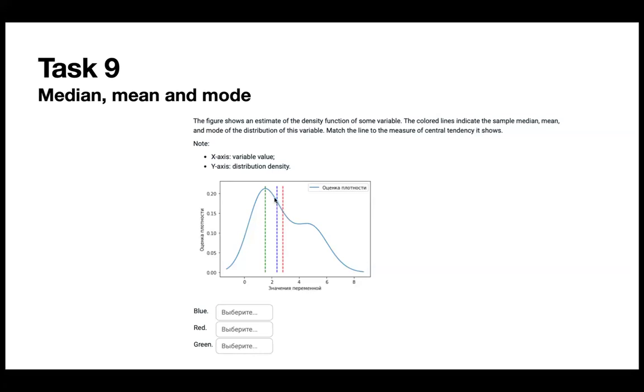So the blue line would be showing us the mean value in that sample. Let me check it if I haven't lied to you. Yeah, that's true.